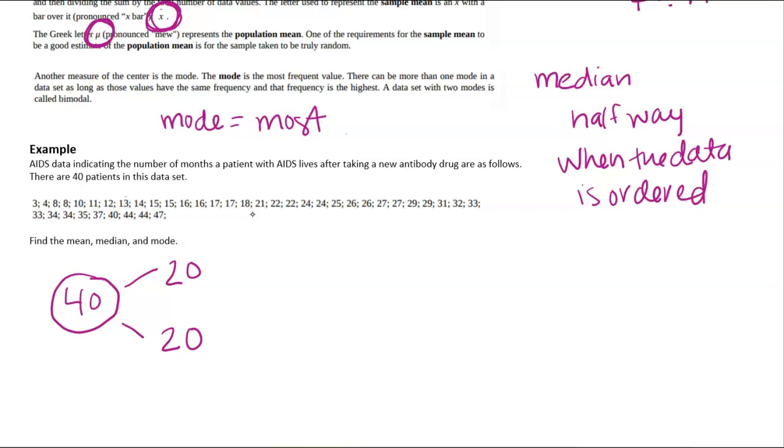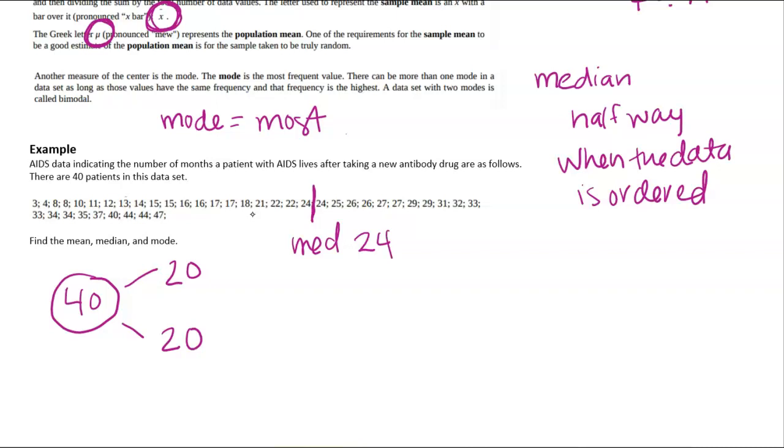So we can just count 1, 2, 3, 4, 5, 6, 7, 8, 9, 10, 11, 12, 13, 14, 15, 16, 17, 18, 19, 20. So the median must be the number between the data values 24 and 24, which means it's 24.